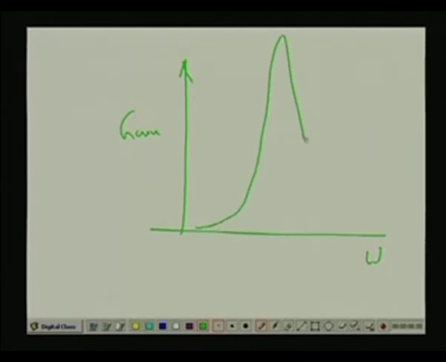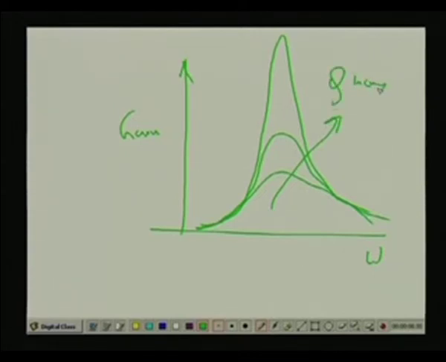If I plot the frequency response with omega and gain, the larger the Q, the more selective the network will be. So, Q increases here.